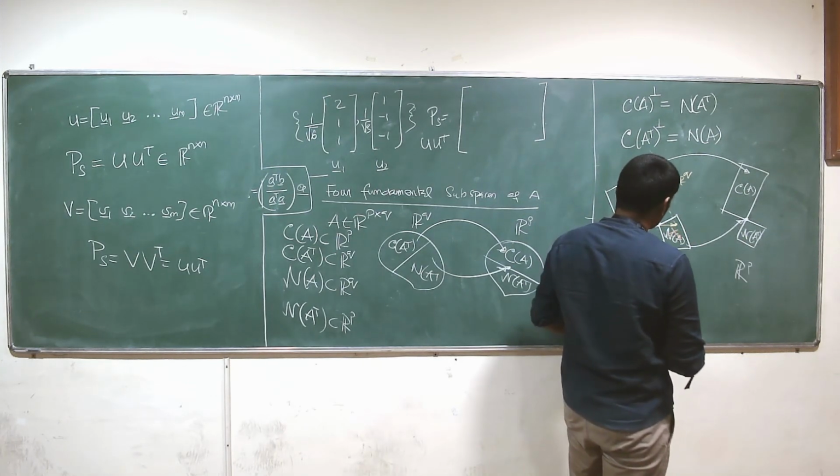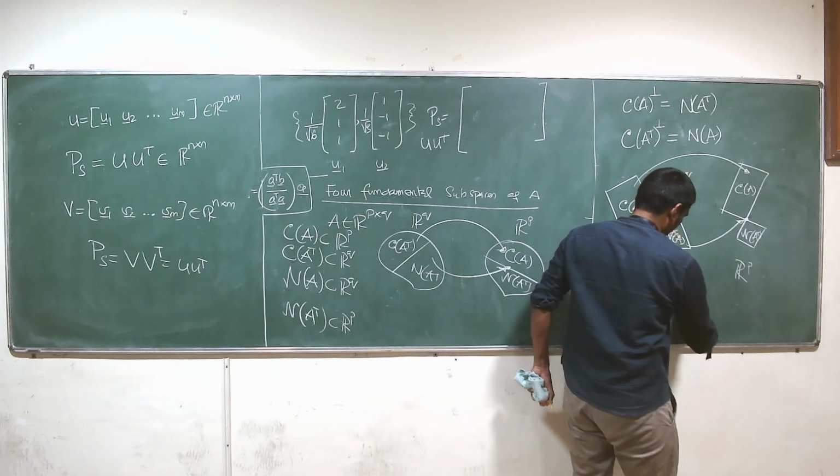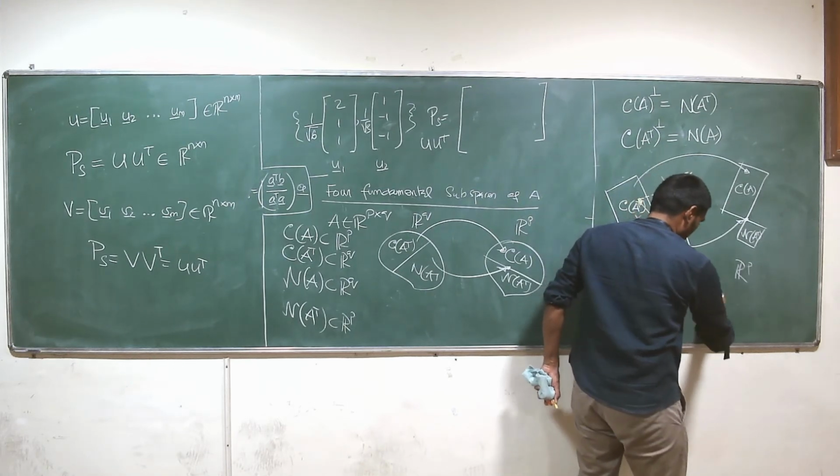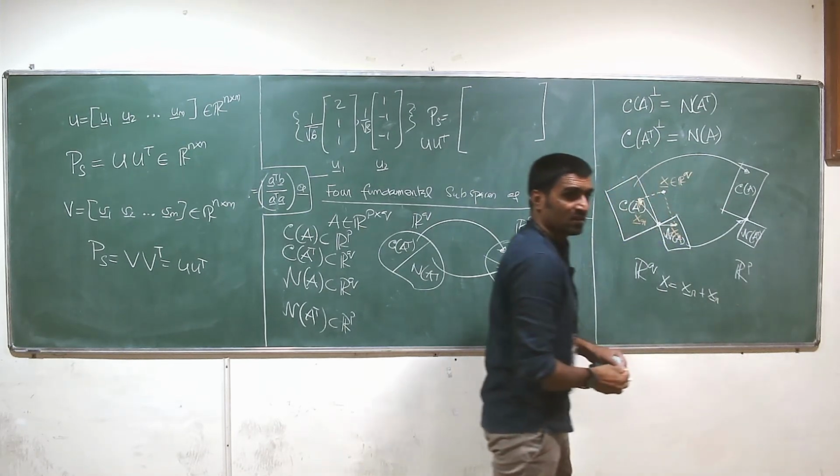Your X will be the sum of a row space component and a null space component.